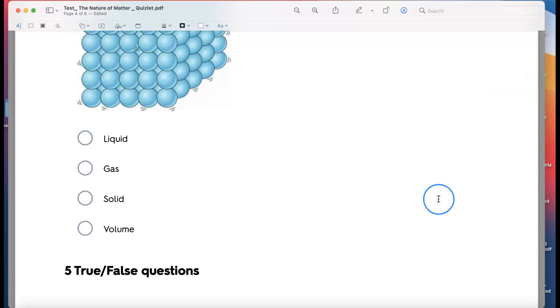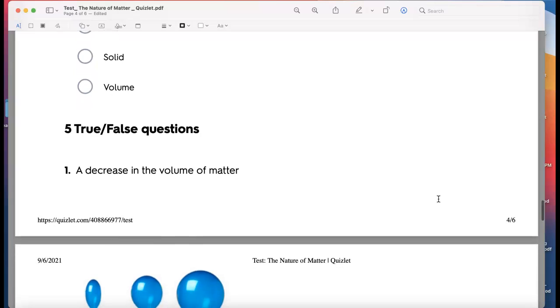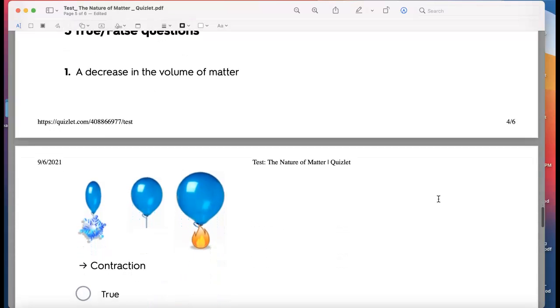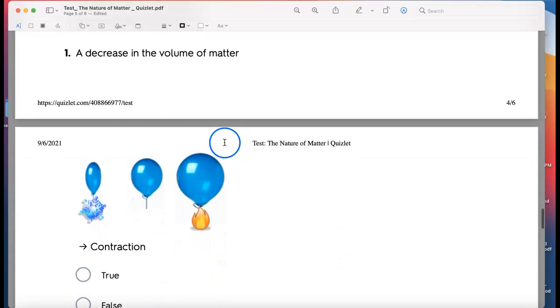Next question. Those are 5 true and false questions. So here we go. Number 1, a decrease in the volume of matter. Here's the picture. You have a balloon with a snowflake. That means that it's kind of cold air around the balloon.